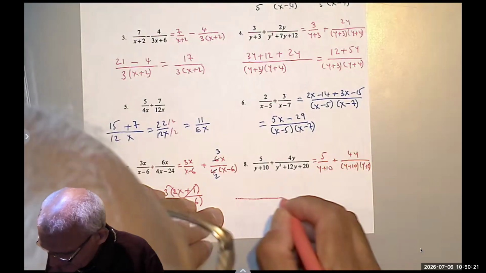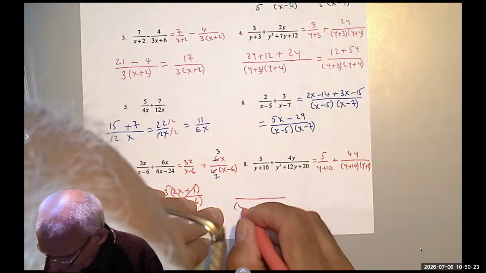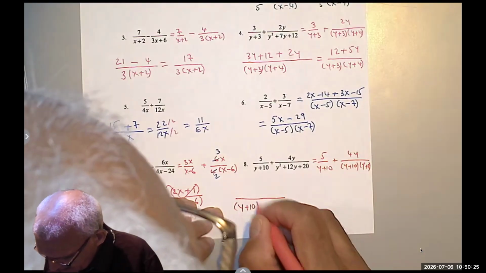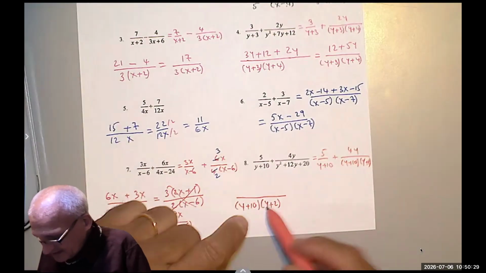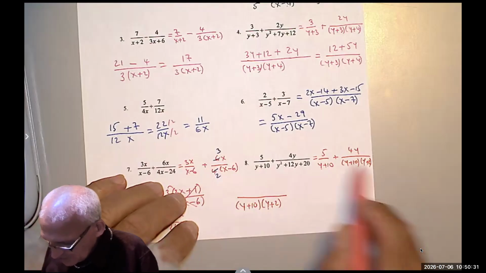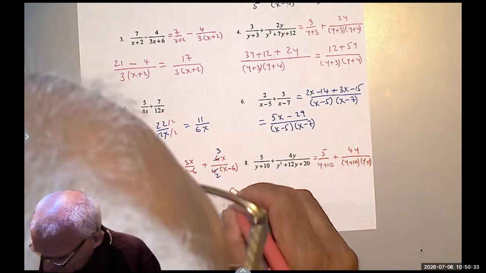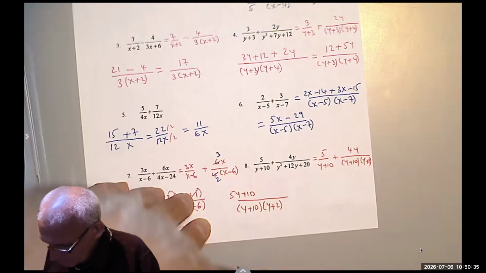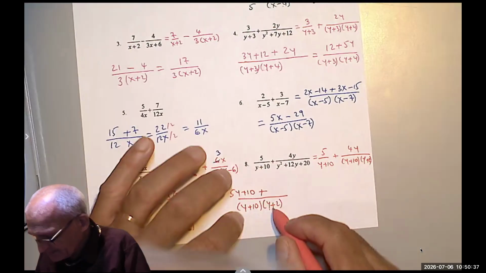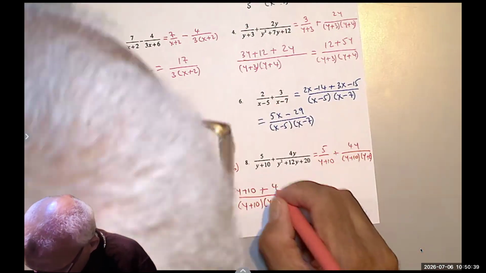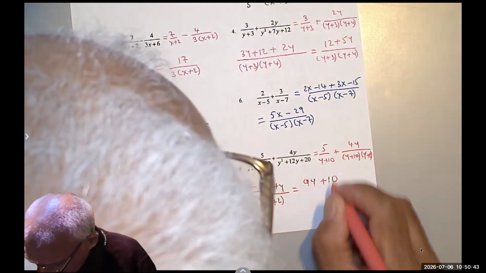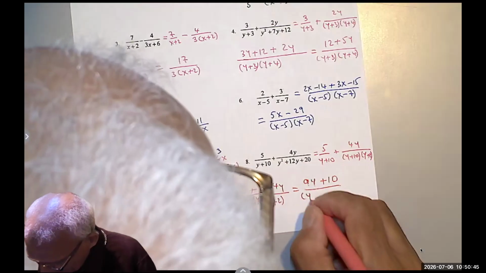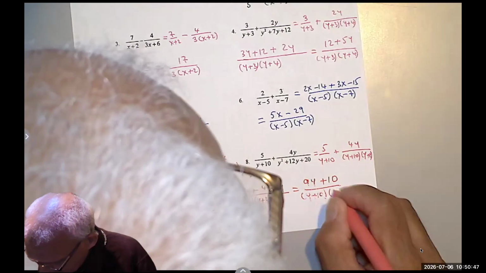So now I have a common denominator of y plus 10 times y plus 2. When I divide this by that, I get y plus 2 times 5 is 5y plus 10. Plus, when I divide this by that, I get 1, so plus 4y. I get 9y plus 10 over y plus 10 times y plus 2.